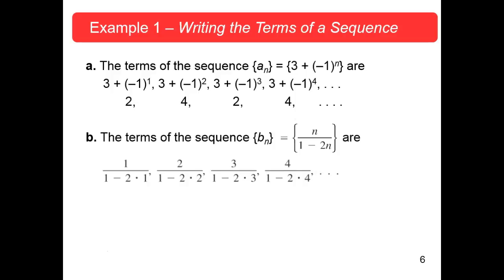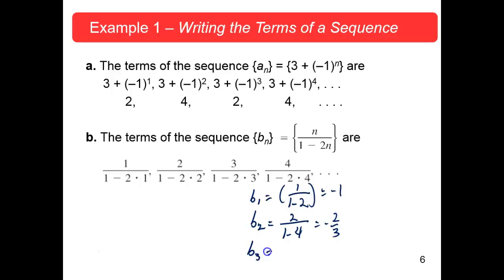How about this one? The terms of the sequence B sub n are n over 1 minus 2n. So B sub 1 would be one over 1 minus 2, and that would be negative 1. B sub 2 would be 2 over 1 minus 4, and that would be negative 2/3.